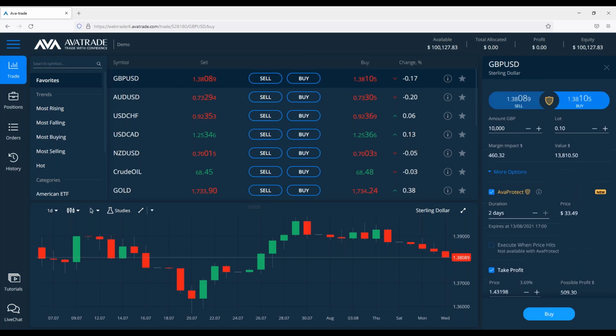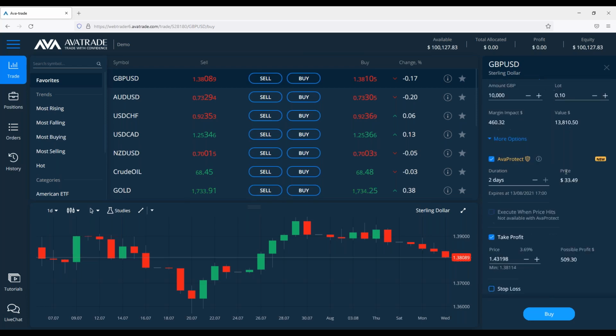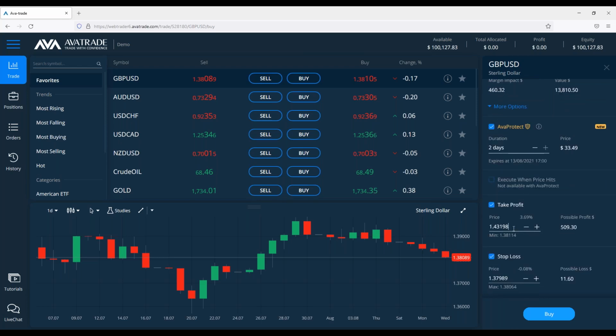Then we can look at the loss and understand the actual meaning of AvaProtect. AvaProtect means that if, God forbid, it goes against us, and if we were supposed to lose, I'm just going to round it up for you to make it more convenient, just for the sake of the explanation.